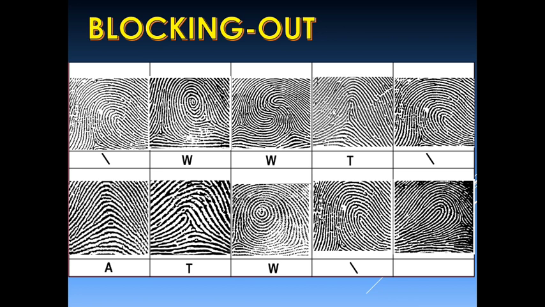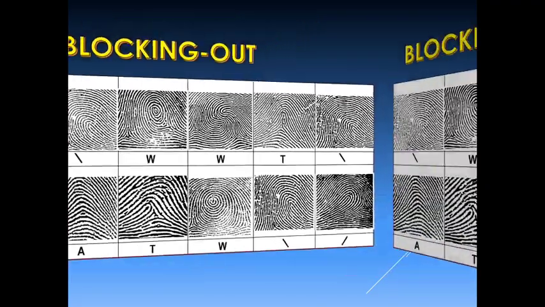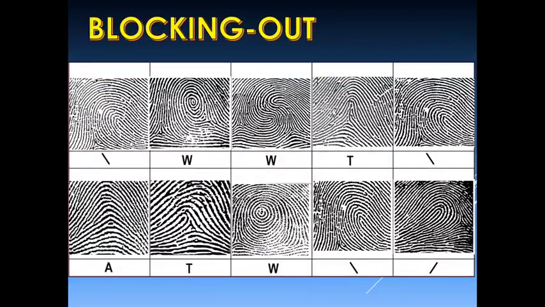And then of course on block 10, this is an ulnar loop taken from the left little finger, so we are going to use a forward slash. Okay, so we are done with the first and second step of blocking out. Let us now proceed with step 3 of the blocking out, or the last step.